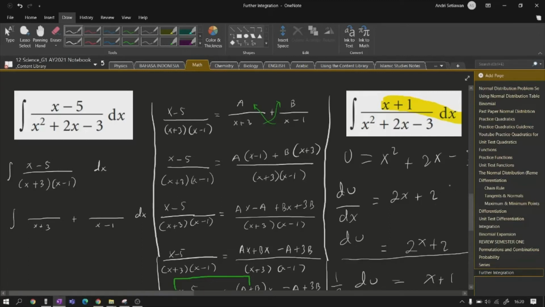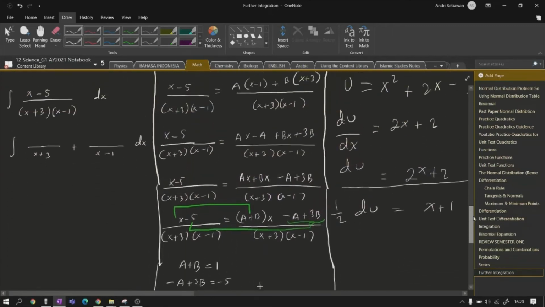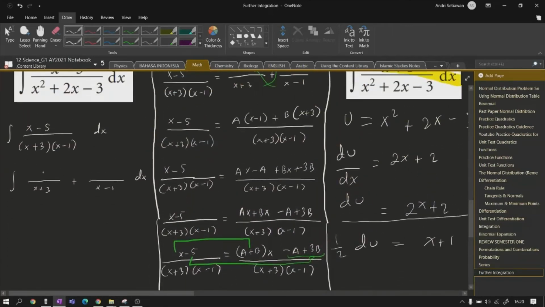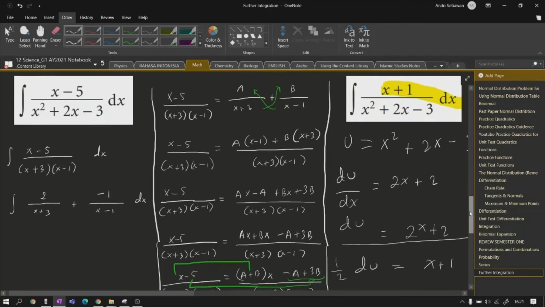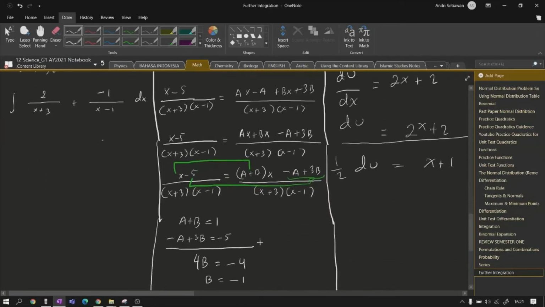Since we know the values of a and b are 2 and minus 1, we can substitute 2 and minus 1. Okay, we find the new form of this equation. Yeah, it's very complex.